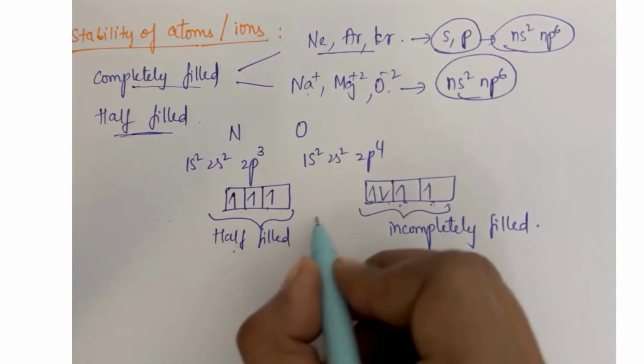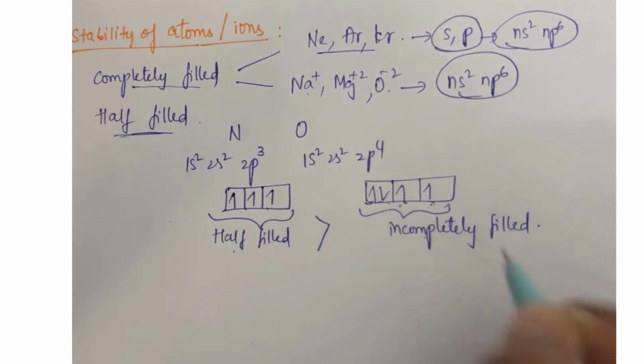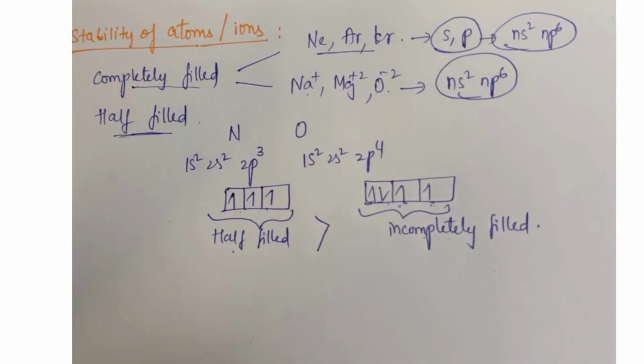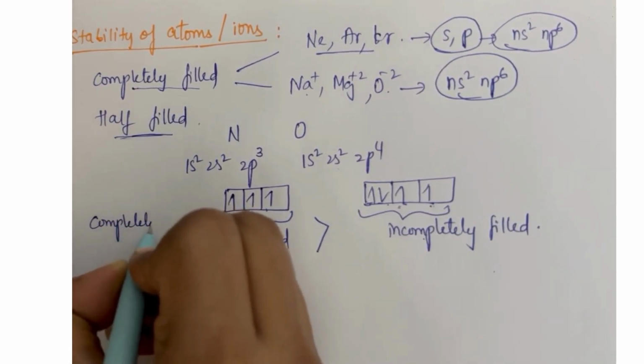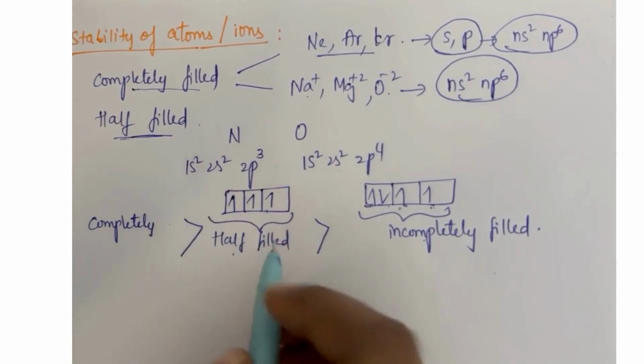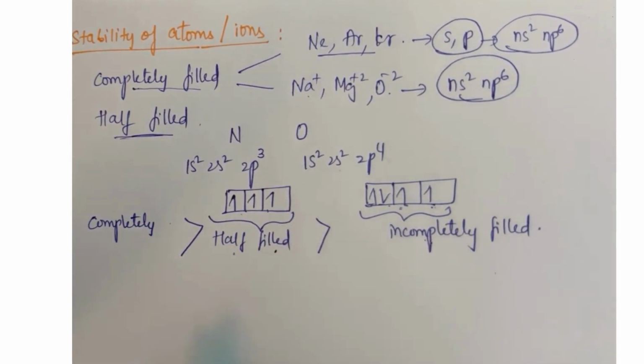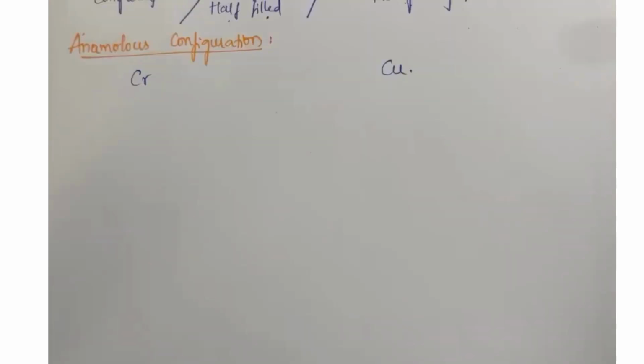Half filled configuration is more stable compared to the incompletely filled configuration. So in order, completely filled configuration is more stable than half filled, which is more stable than incompletely filled. This is about the electronic configuration and its principles.